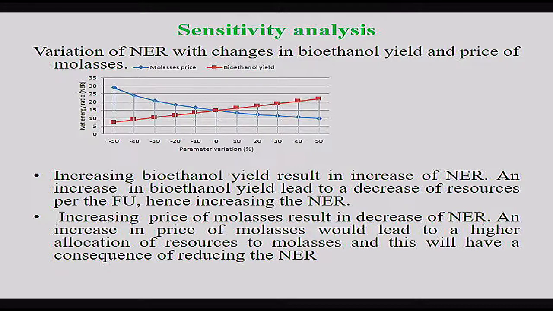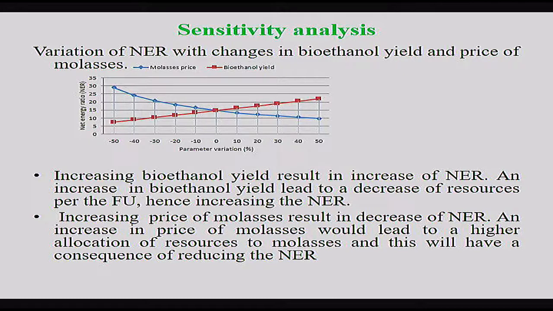What you can see from my graph here is that increasing the bioethanol yield results in an increase in the net energy ratio. An increase in bioethanol yield leads to a decrease of resources per functional unit. Here, the functional unit is 1 liter of bioethanol, hence increasing the net energy ratio.